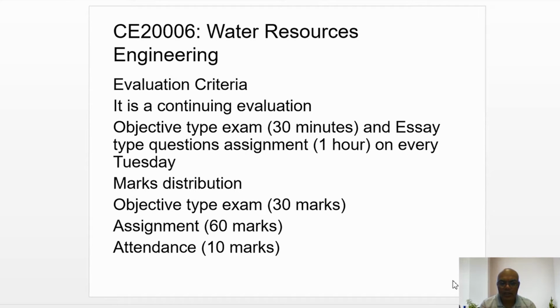Then assignments and attendance carry around 40 marks: attendance will be 10 marks, assignments 30 marks, and quizzes 60 marks. So a major chunk of the marks comes from quizzes. These are online quizzes conducted on Moodle. You will be informed of the dates for these quizzes, and you will be given sufficient time to prepare. All the quizzes are open book exams.